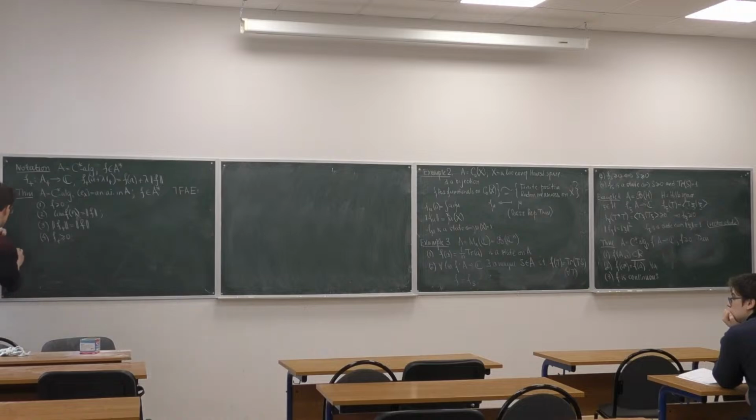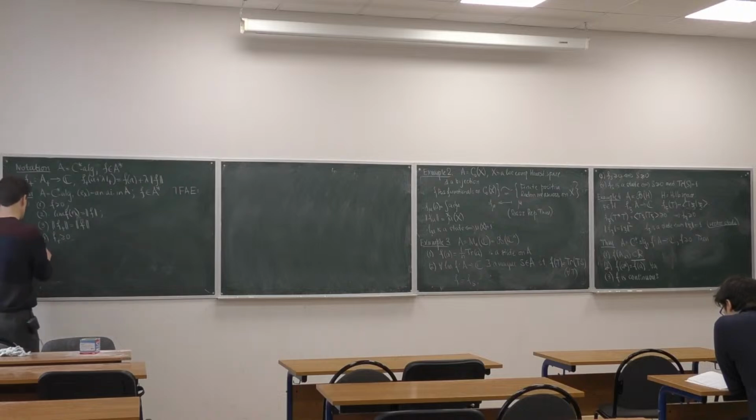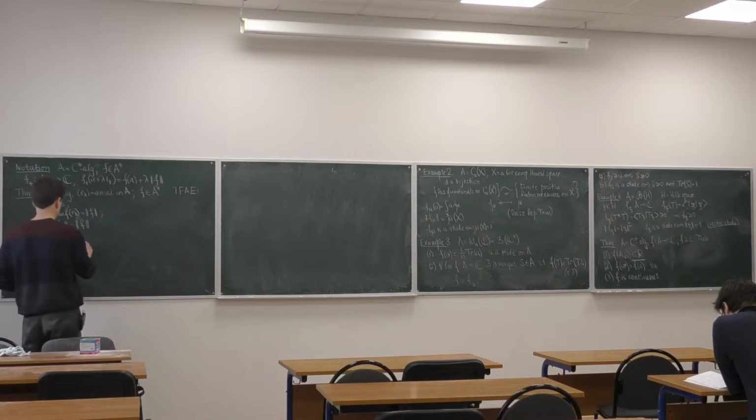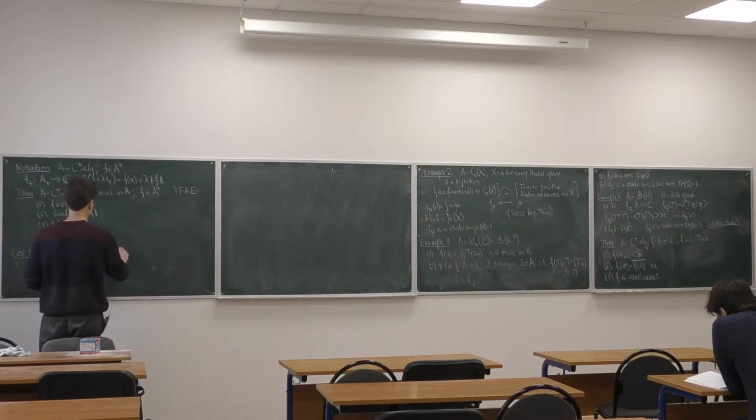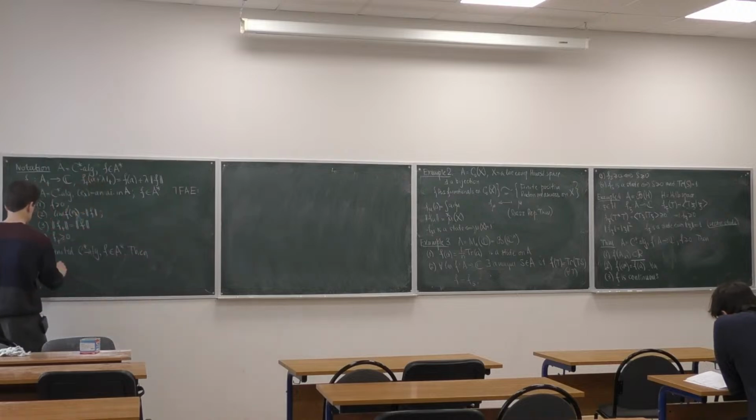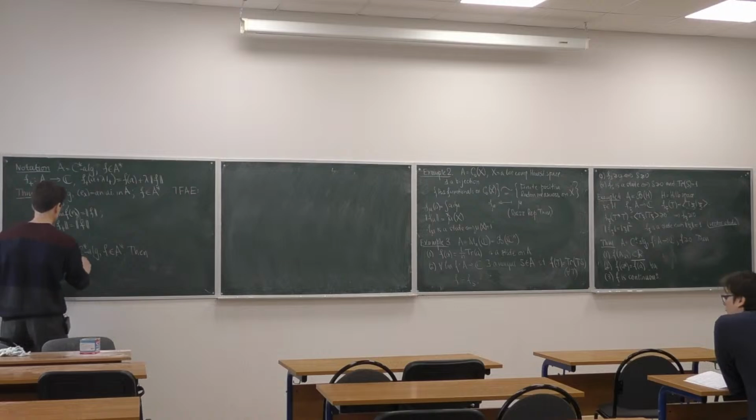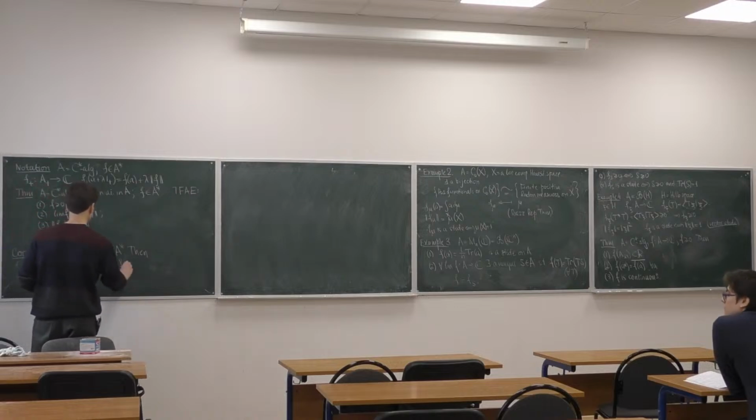Here's a useful special case, a corollary, of this criterion, which corresponds to a unital algebra. Suppose that A is a unital C-star algebra, and f is a linear functional on A. Then f is positive if and only if it takes the identity of A to the norm of f.